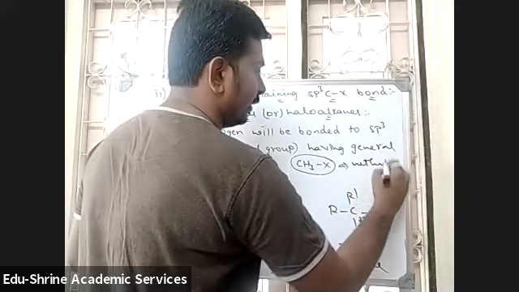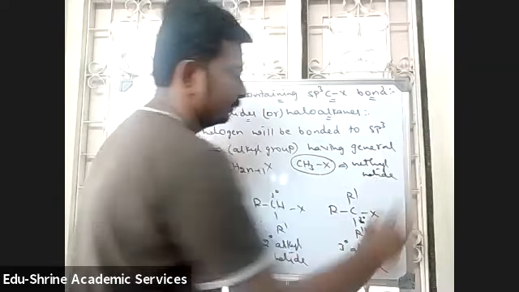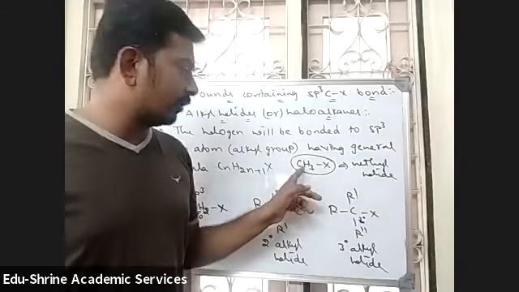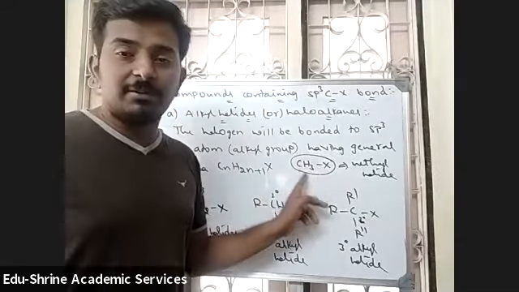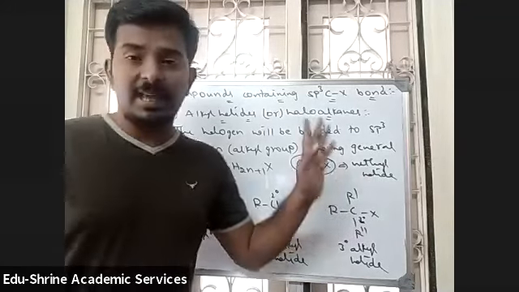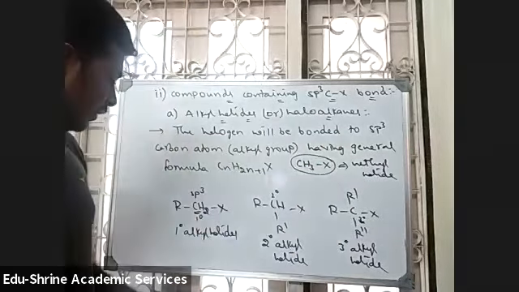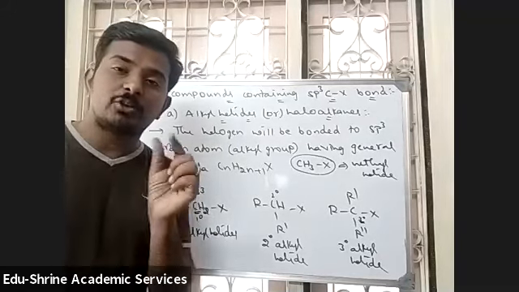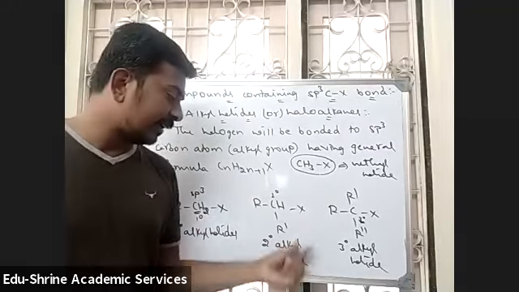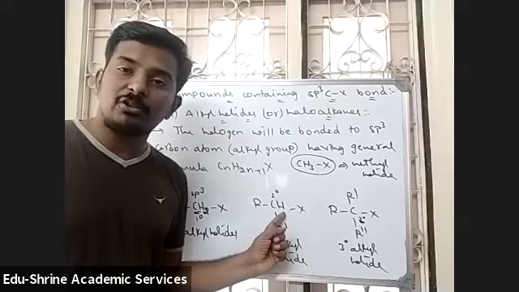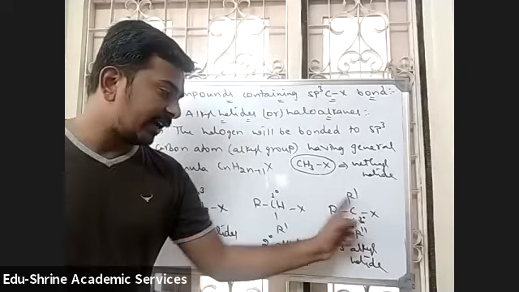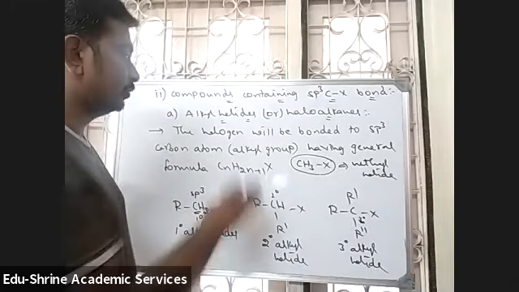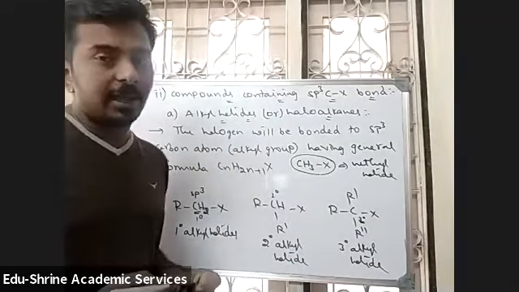As this carbon is not bonded to any other carbon atoms, we just write the name of the alkyl group with the halogen: methyl halide. Primary alkyl halide means the halogen is attached to a primary carbon atom. Secondary alkyl halide means the halogen is attached to a secondary carbon atom. Tertiary alkyl halide means the halogen is attached to a tertiary carbon atom. So this is what an alkyl halide or haloalkane is.